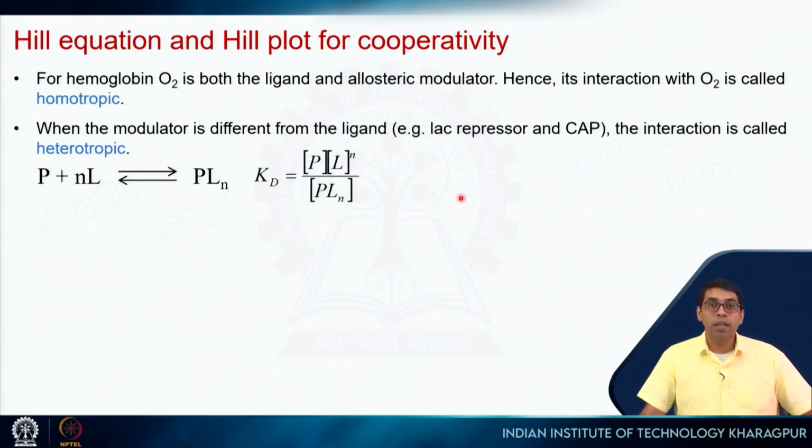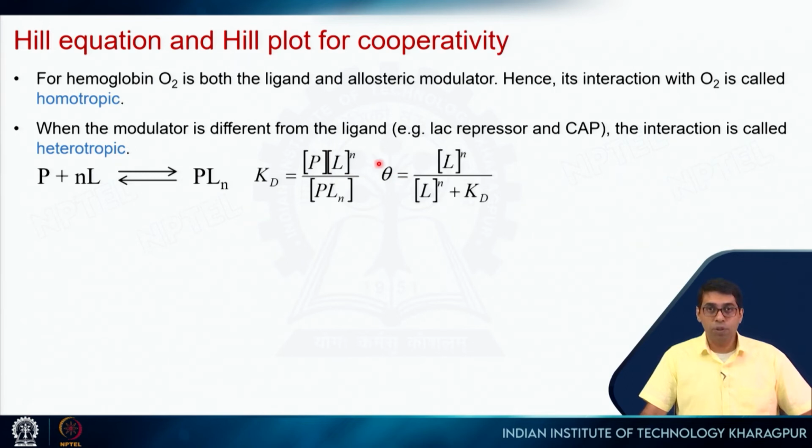If we do that, our Kd gets modified like this, where instead of having just L, we have L to the power N, because we have N number of ligands here. So it will be P times L times L times L times L, so L repeated 4 times.